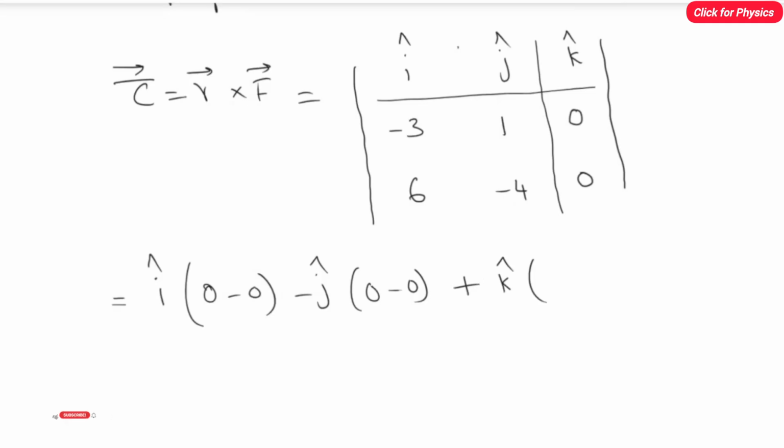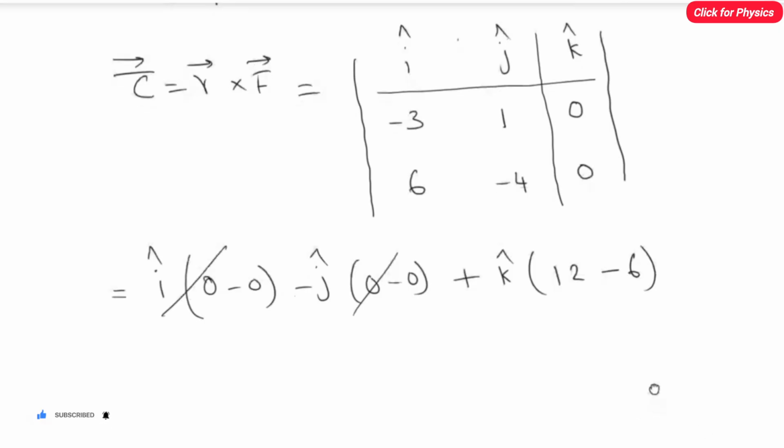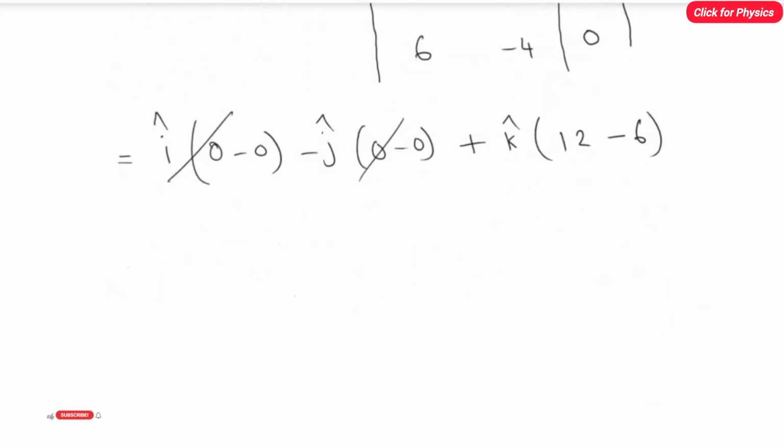So here for i and j there is no value, because anything multiplied by 0 is 0. Only we have the value for k cap. So the answer for the torque tau is 12 minus 6, which is 6 Newton meter, along k cap.